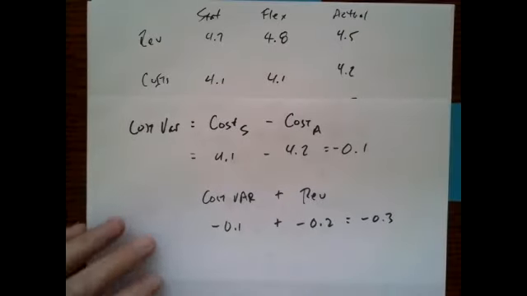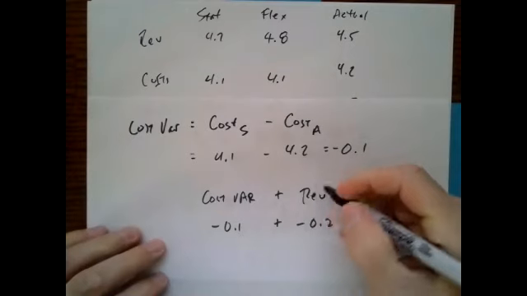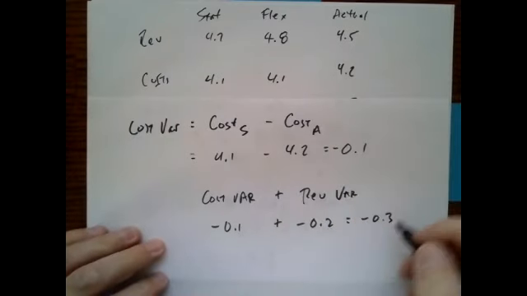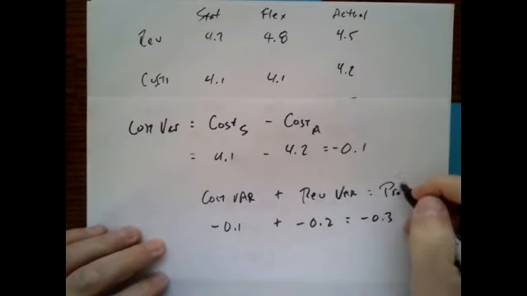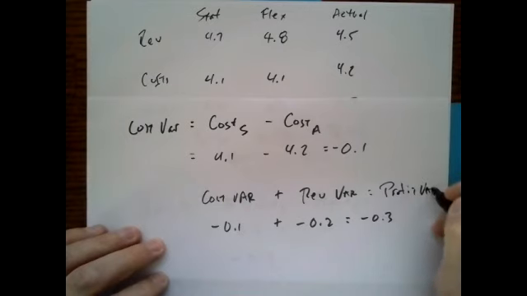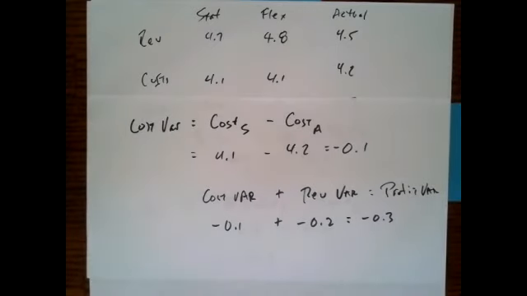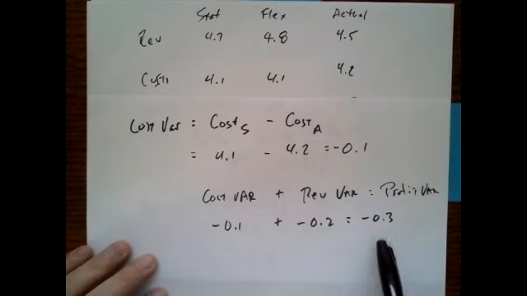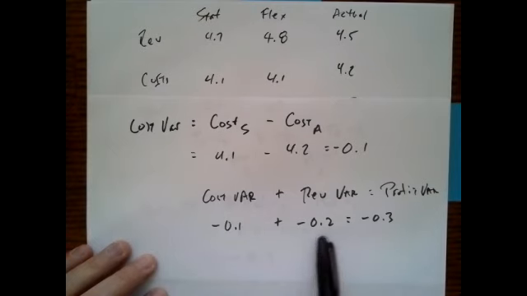So when we add the cost variance and the revenue variance together, we get the profit variance of negative 0.3. So where did that negative 0.3 profit variance come from? Well, part of it came from not earning as much revenue as we thought we would get, and then spending more than we thought we would.